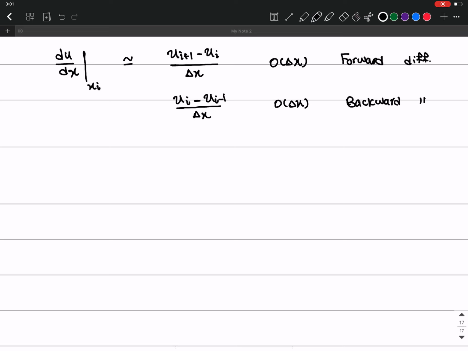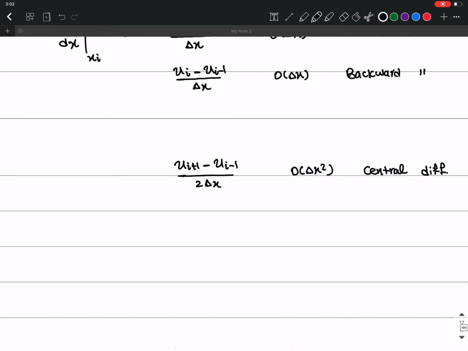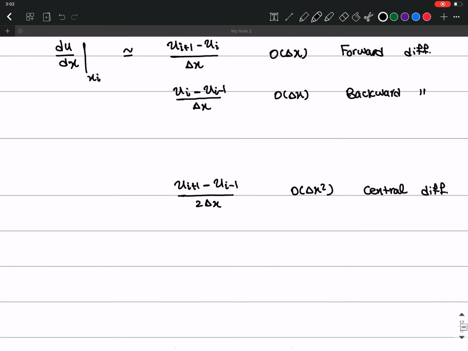The other approximation for the first derivative is ui plus 1 minus ui minus 1 over 2 delta x. This approximation is order delta x squared, which is different from the previous ones, and it is a central difference. Okay, we can have more complicated approximations, by using more points and also increasing the accuracy.